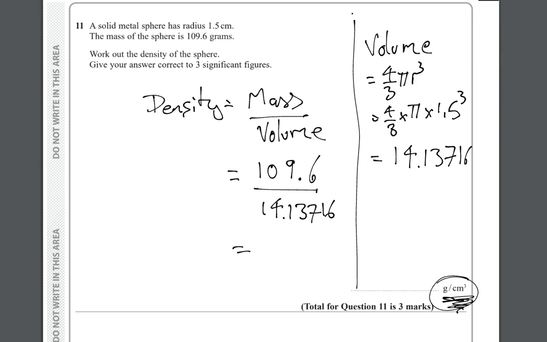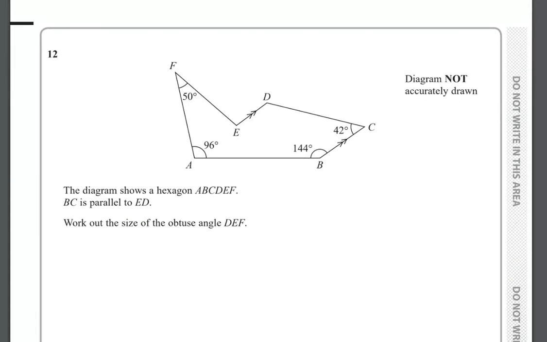Equals 10.6 divided by the answer is 7.7526. We want it to 3 significant figures, so it's just 7.75, just those first 3 numbers. Grams per centimetre cubed. So density, mass divided by volume. Okay.